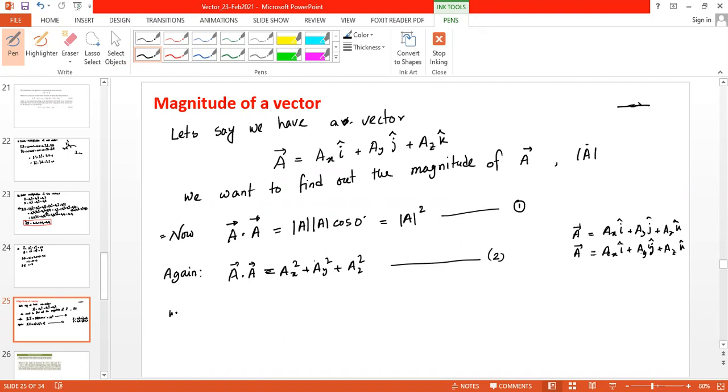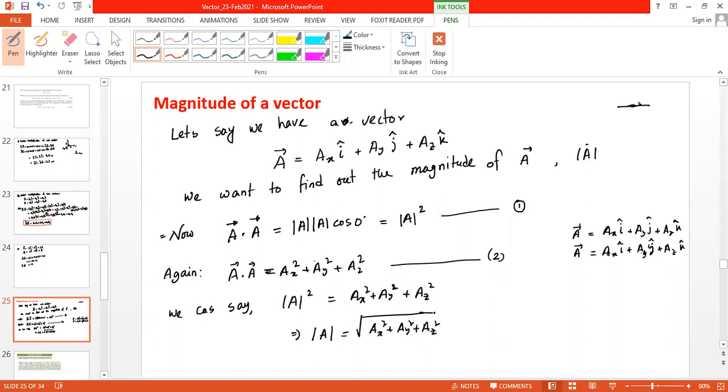So A modulus square equals AX square plus AY square plus AZ square. So the magnitude of A is basically equal to the square root of AX square plus AY square plus AZ square. This is the formula to find the magnitude of a vector quantity.